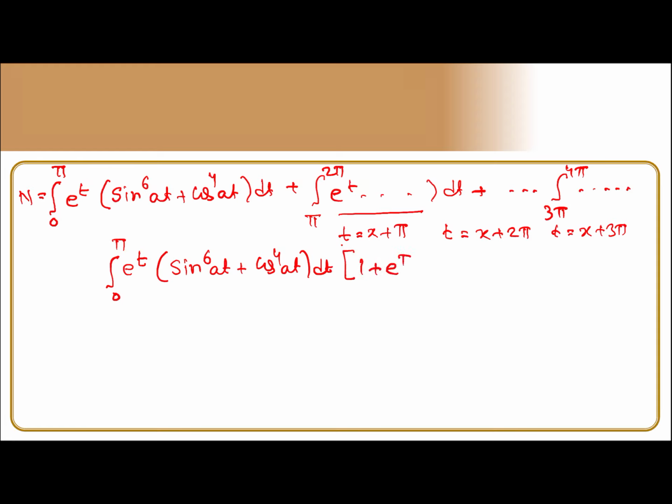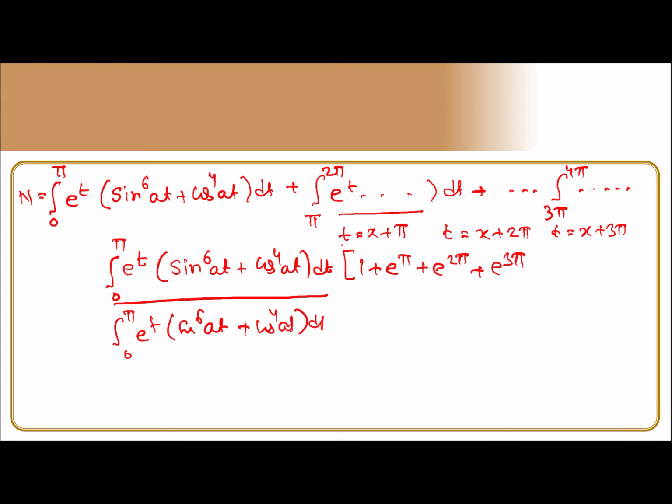Within the bracket you get 1 plus e to the power pi plus e to the power 2 pi plus e to the power 3 pi, and the denominator will cancel with 0 to pi e to the power t, sine to the power 680 plus cos to the power 480 dt. Both terms will cancel. This will be the extra, you will get it.